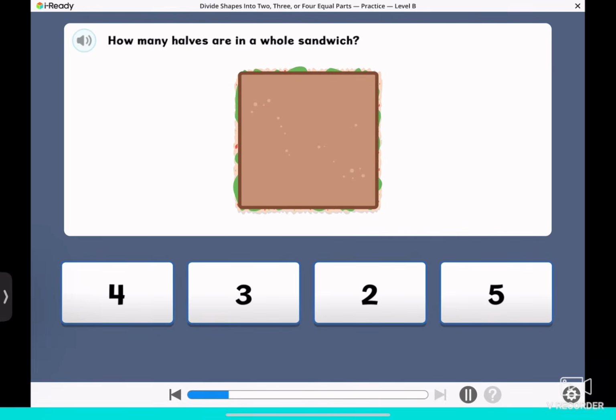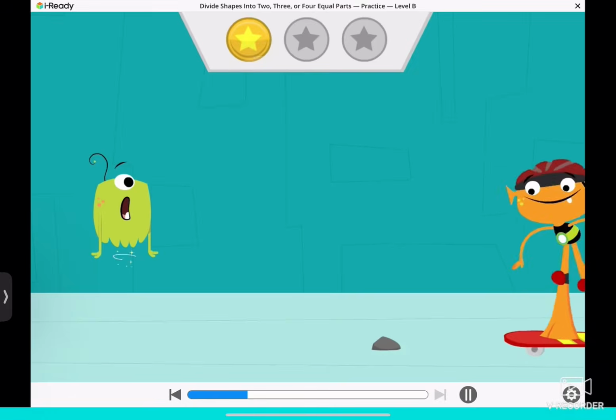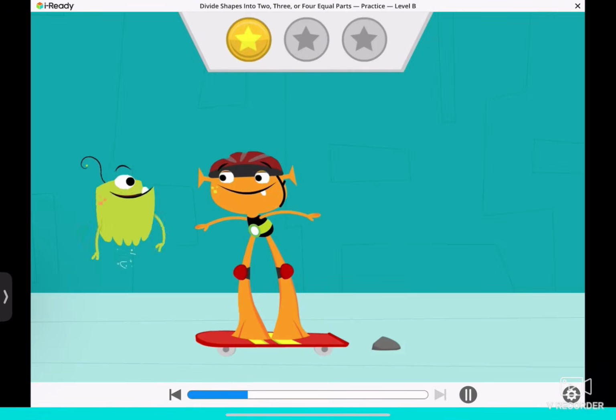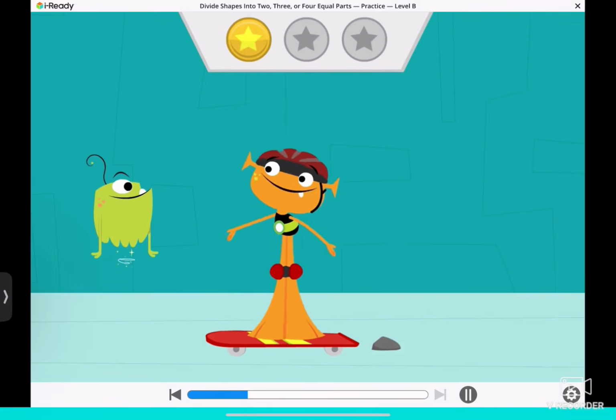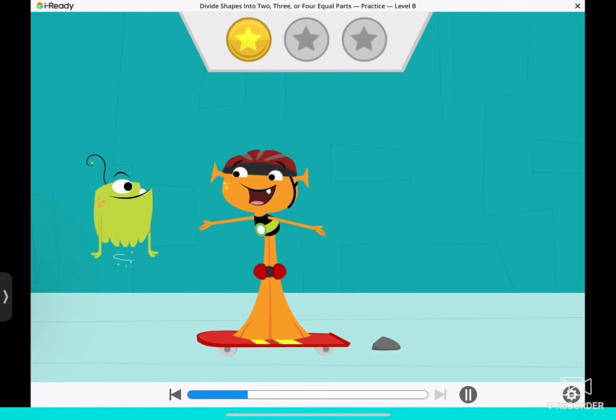How many halves are in a whole sandwich? Indeed, there are 2 halves in a whole sandwich. Awesome! I bet I can make it super awesome if I keep trying.